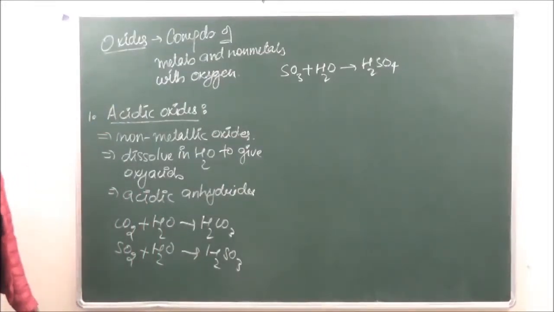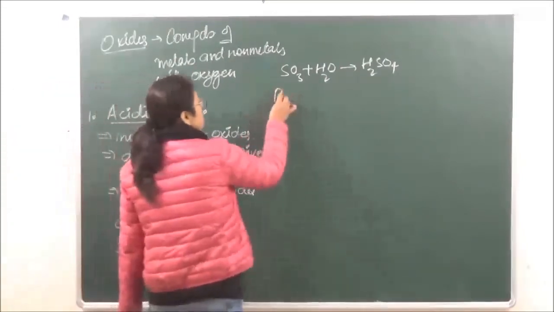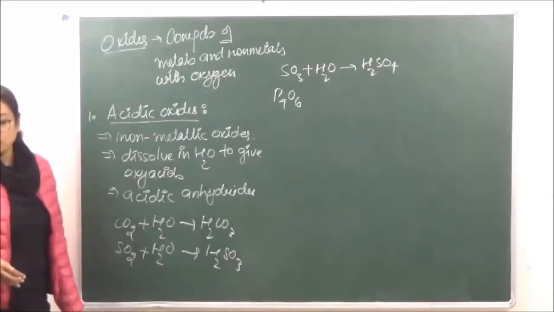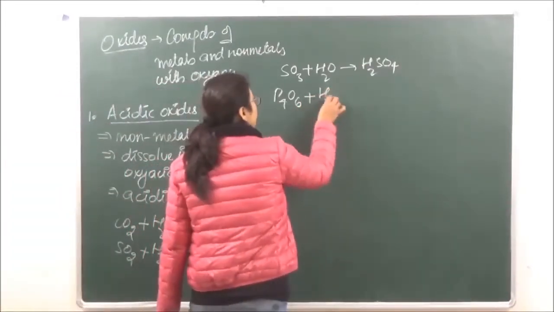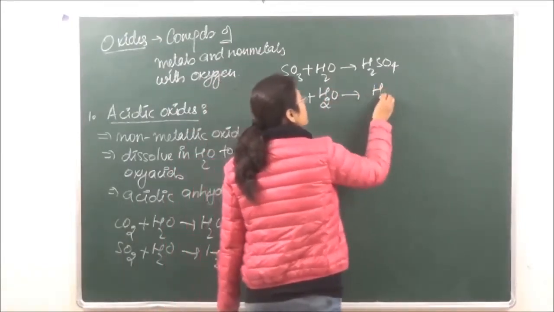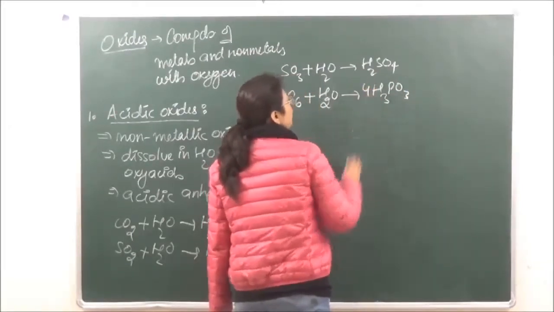In addition to this, there are many other acidic oxides which are present. For example, we had done two oxides of phosphorus. One was P4O6. ठीक है? So P4O6 जब dissolve करता है water में, it is going to give us phosphorus acid, which is H3PO3.